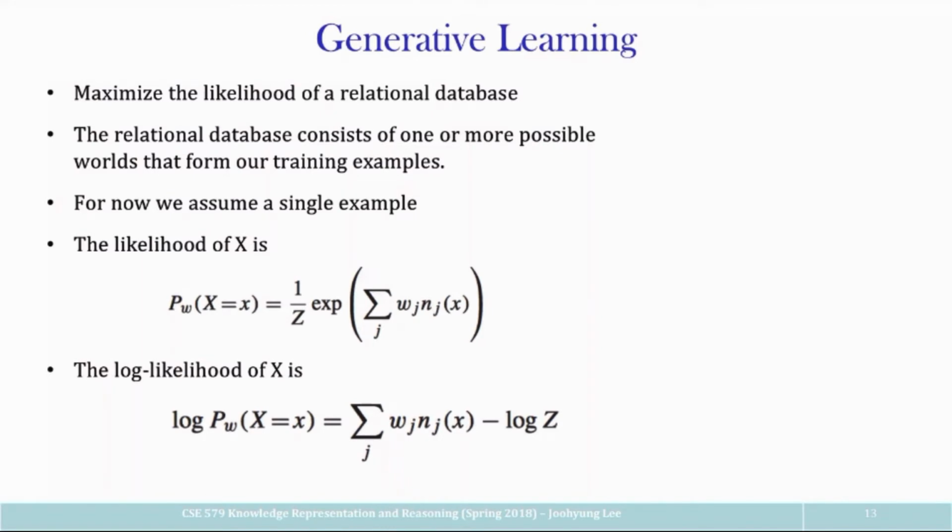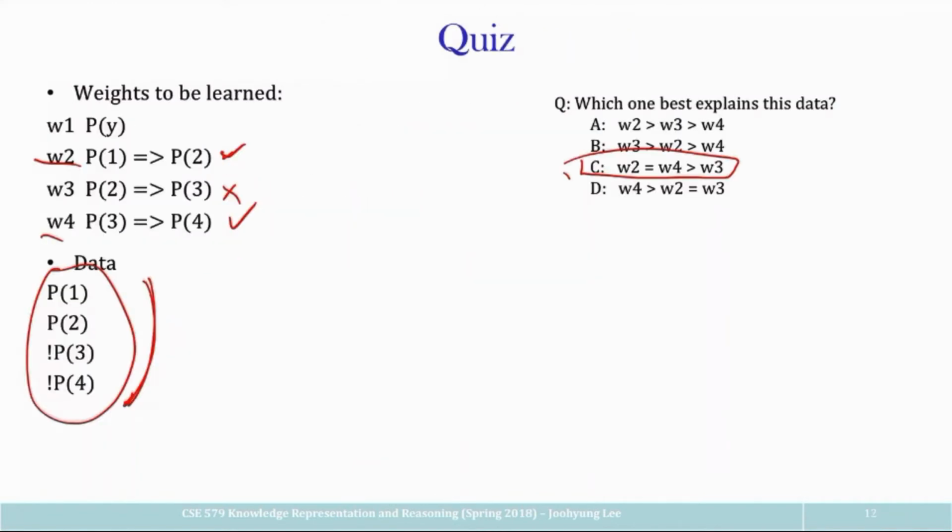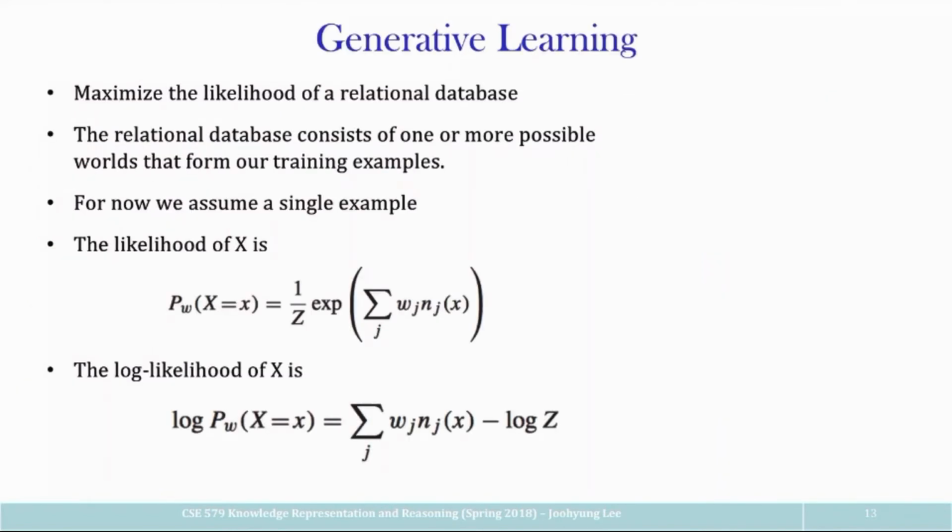In principle, the database that you consider may encode multiple training examples. But for now, we'll assume that this represents a single example. Okay, as in the previous thing, this is a single example. Now we are going to learn the weights from the single example.